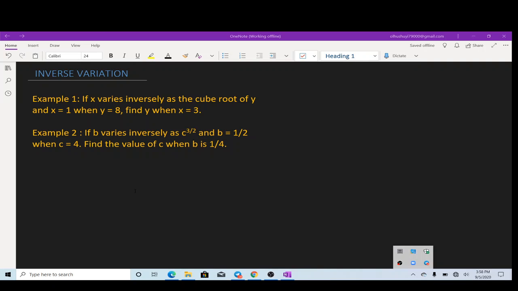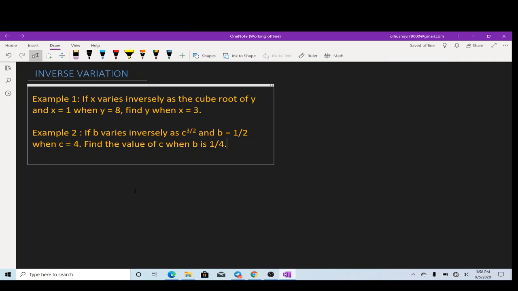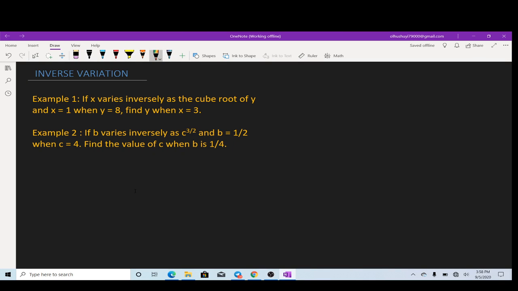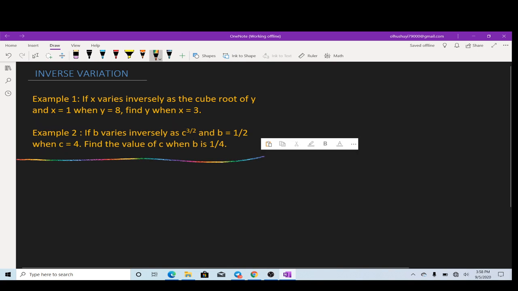Under inverse variation, let me illustrate what it is. If you have a body or two things inversely related, what does that mean?